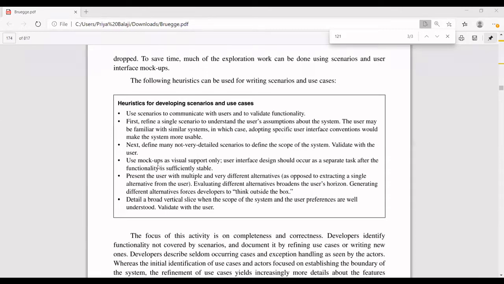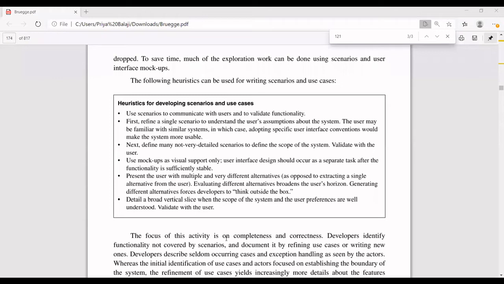So here are the following heuristics for how your scenarios and use cases can be written. You use scenarios to communicate with the user and to validate the function. First, refine a single scenario to understand the user's assumption about the system. Then adapt the user interfaces.